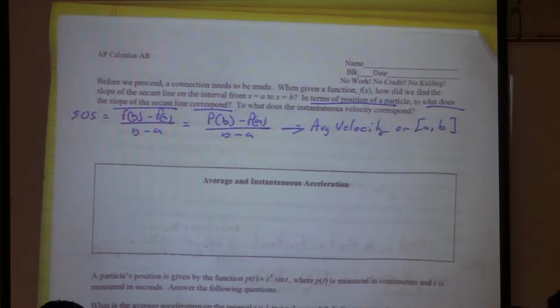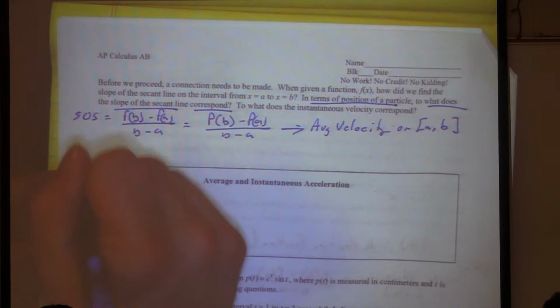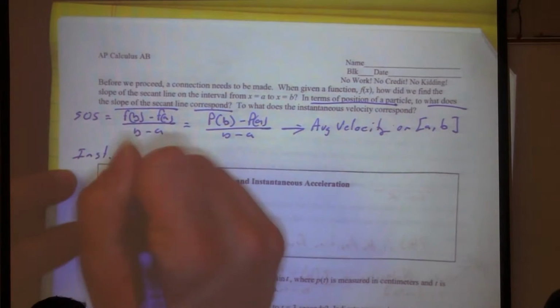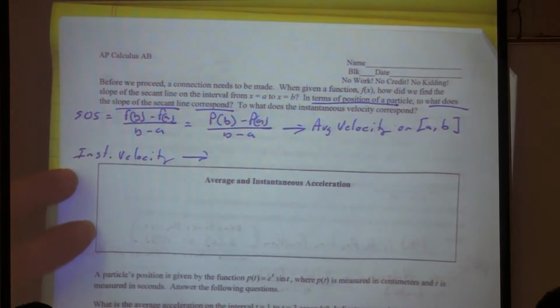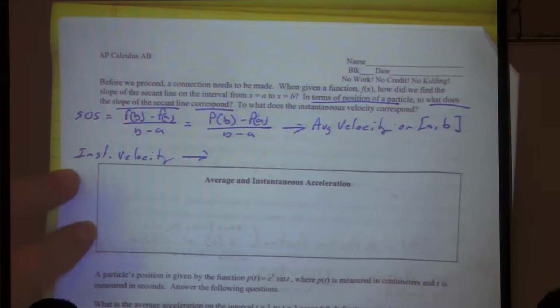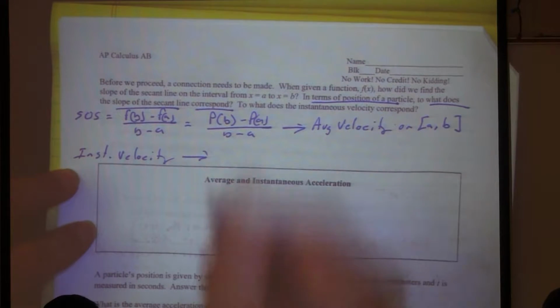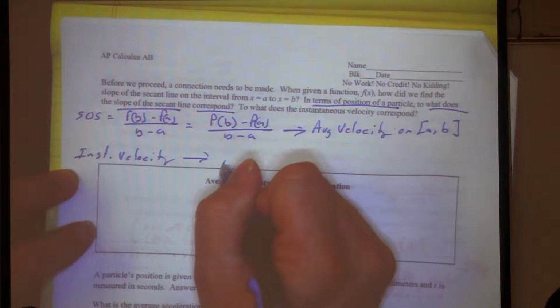The next question says, what does the instantaneous velocity correspond to? So if I had instantaneous velocity, that would be like having what in relation to the position function?